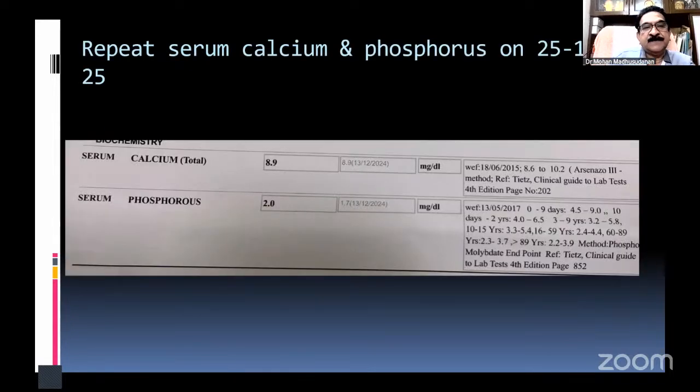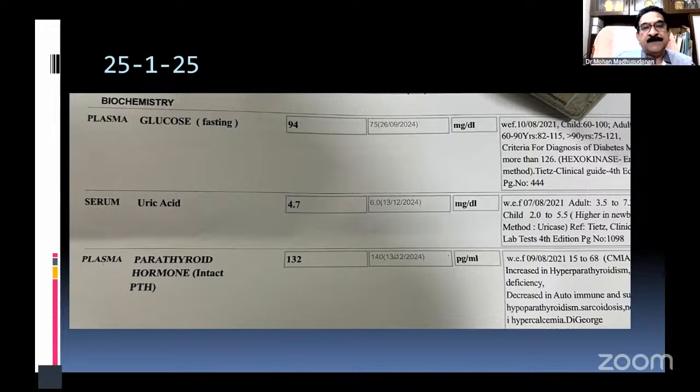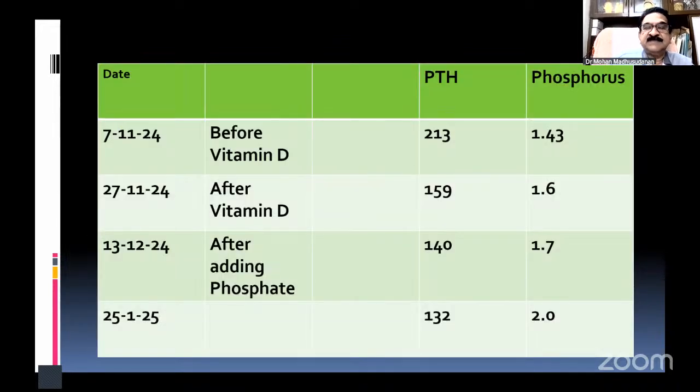Then repeated the serum calcium, 25, 125. Phosphorus became 2, that is the last value. Serum calcium went up throughout and parathormone became lower than before. So this is the evolution of the values. 27/11 before vitamin D, PTH is 213, phosphorus 1.3.